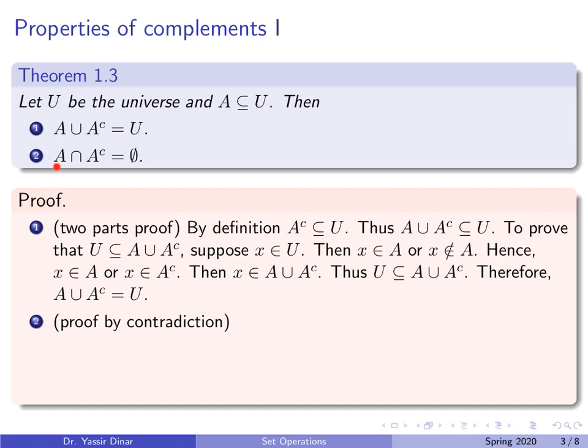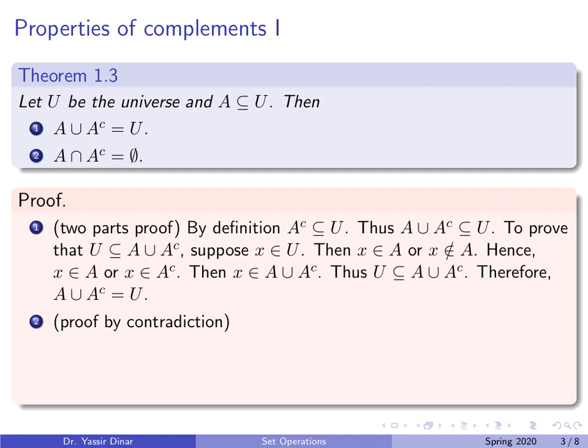The second statement says that A intersection A complement is empty, and that means they are disjoint sets. And here we'll use proof by contradiction. Always I like to use proof by contradiction where my statements involve the empty set.